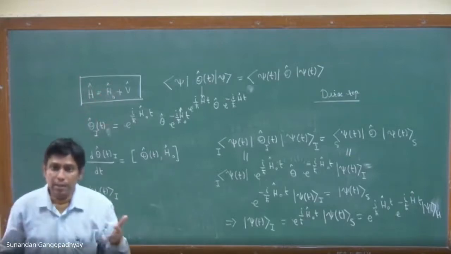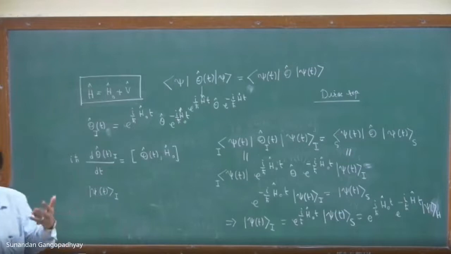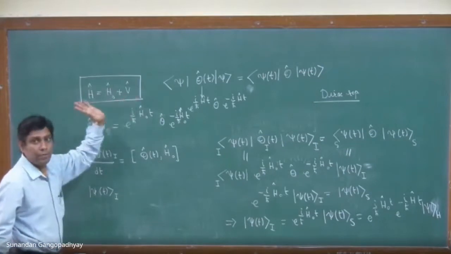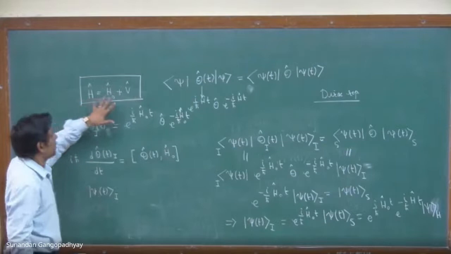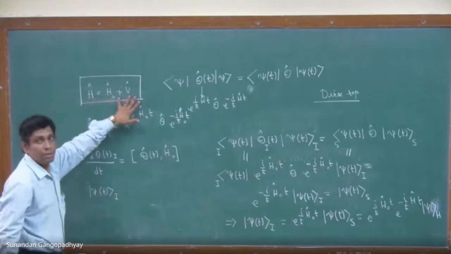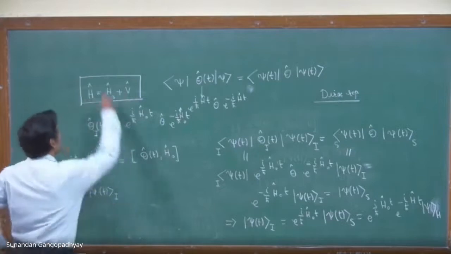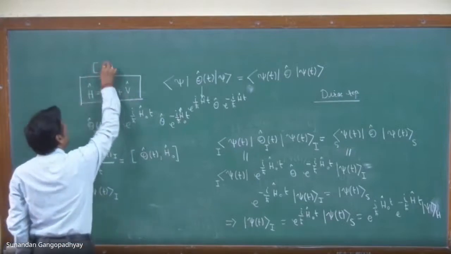Therefore, these operators at t equal to 0 are time independent, and they are in the Schrodinger representation to start with. This is the free part of the Hamiltonian, and this is the interaction part. Everything is time independent.